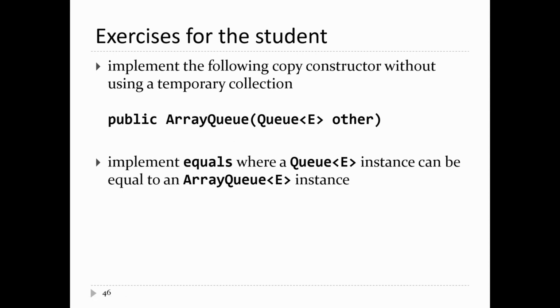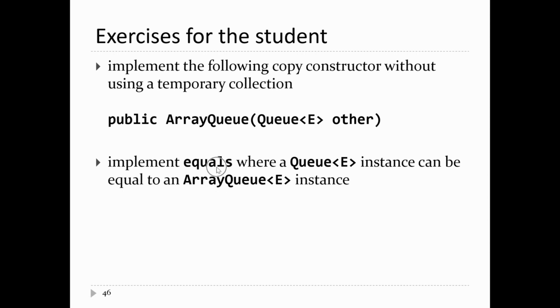So when you try to implement this constructor, the only things that you can use are the methods from the Q. When you copy another Q, you do not want to destroy the other Q or modify it. You want to make an exact copy of it without permanently changing the other Q. So that's the challenge in implementing this method.